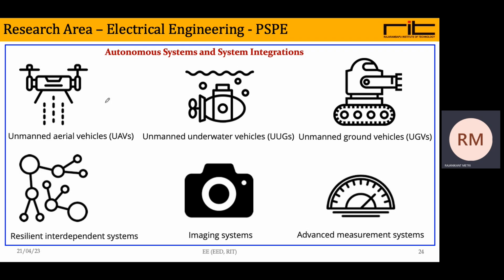So all these are important if we come to the defense sector. Then similarly, resilient interdependent systems. So interdependent systems are there. Imaging systems. So there is scope for doing research in image processing.